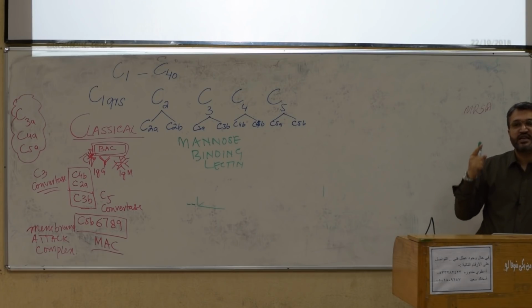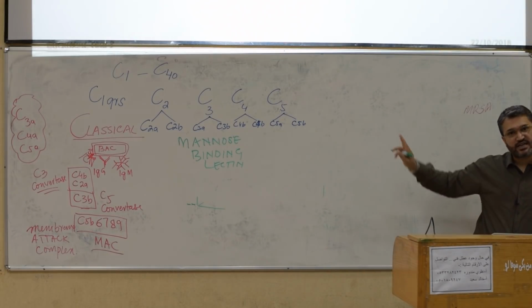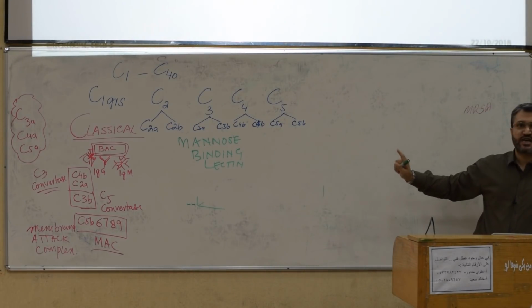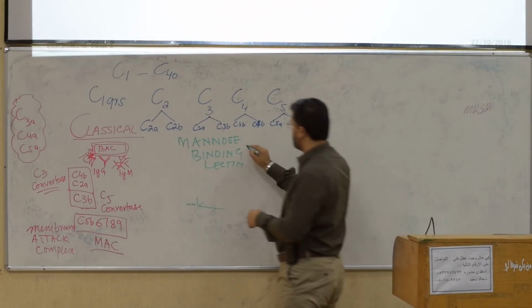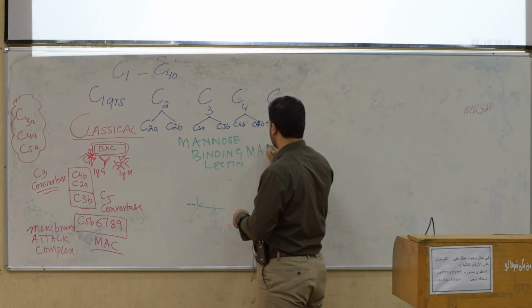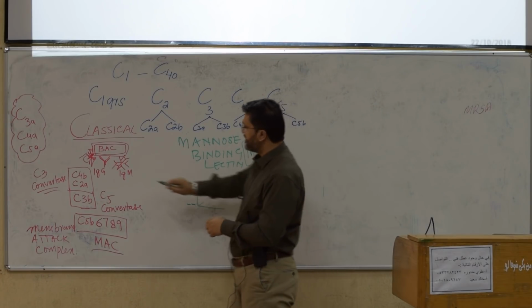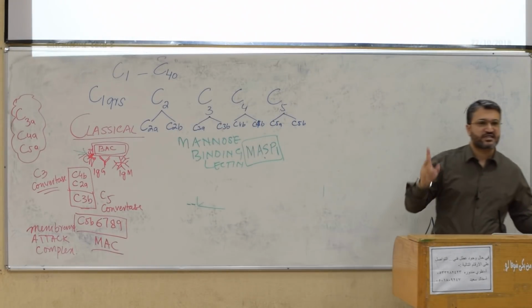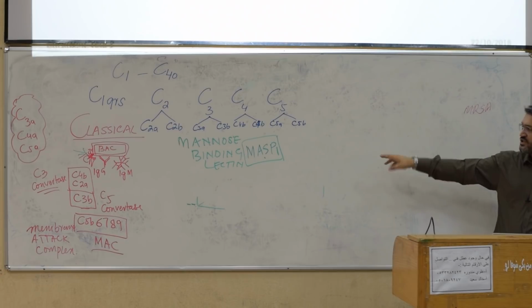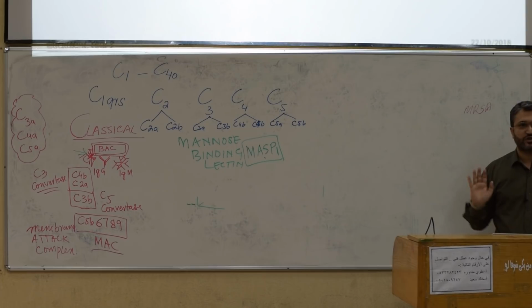As I told you already, mannose-containing bacteria will activate this pathway, and there is no C1. There is another protein here, which is mannose activating serine proteases. You don't need to remember that, just this replaces C1. So the difference is in the starting point and this one protein. The rest of it is the same: C3 convertase, C5 convertase, MAC formation.